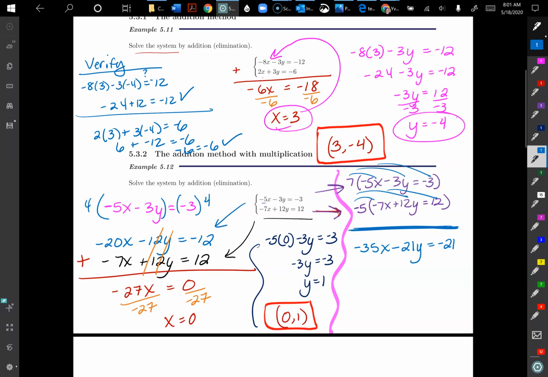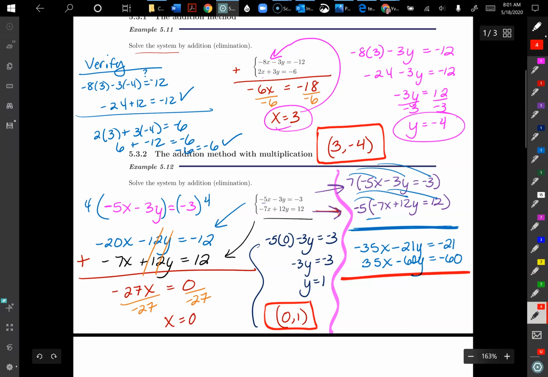Then we have on this one, we'll have a positive 35x. Okay, so I'm working right here. Then a -60y equals -60. Then I go ahead and add those together now that I have my opposite signs, right?